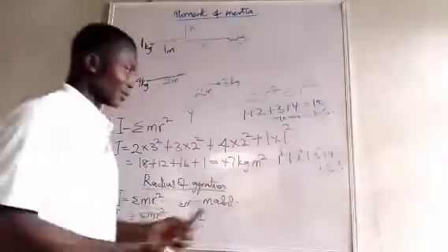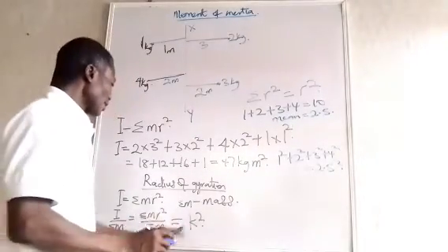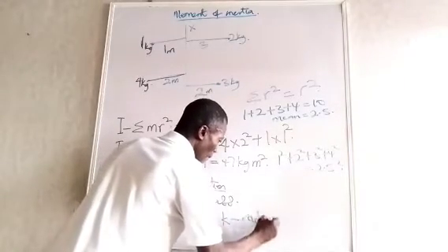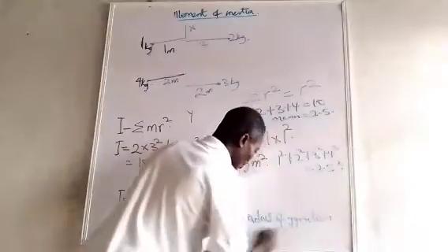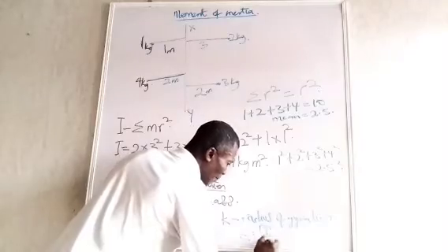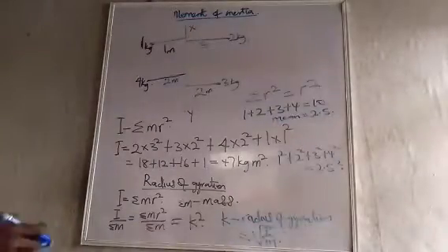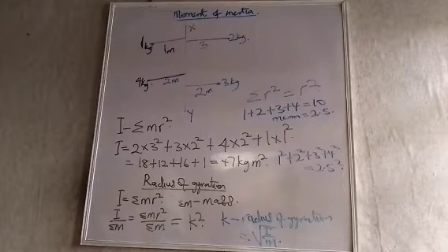That's what I've been trying to say. So that is what brought up this radius of gyration. K is the radius of gyration, and you can get it by saying it is the square root of I over m. With this knowledge, we'll be able to do some of our work without much explanation.